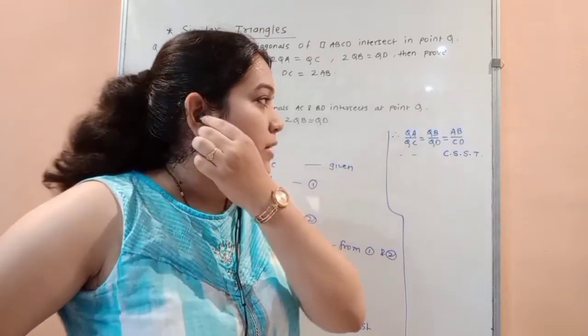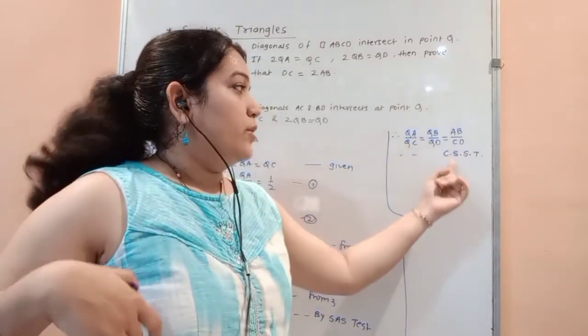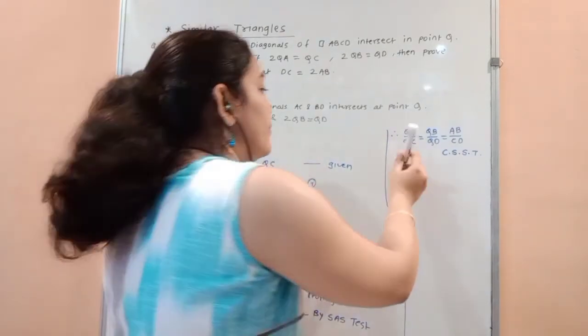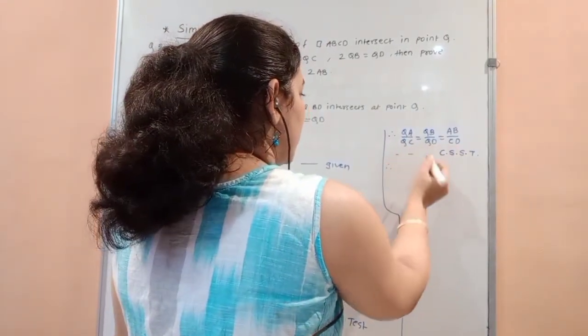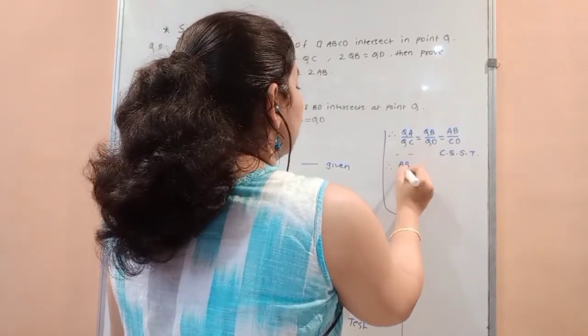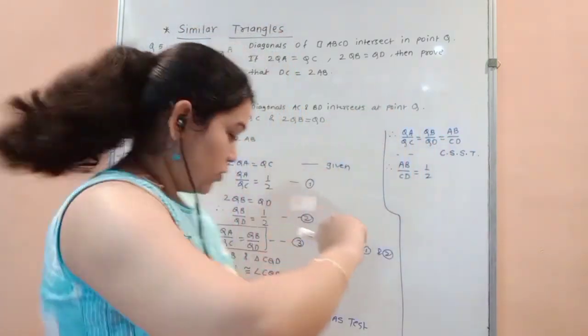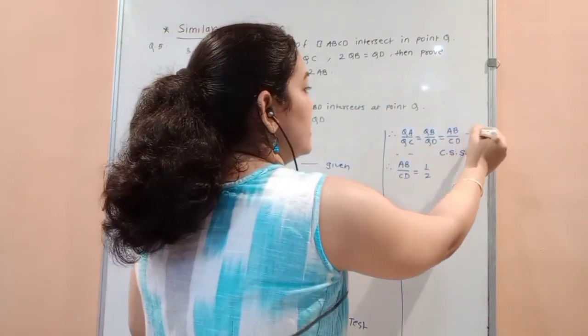Corresponding sides of similar triangles are in the same proportion, okay? So you have to write CSST. So therefore what we can say, AB upon CD is equal to 1 by 2. First number this as equation 4.